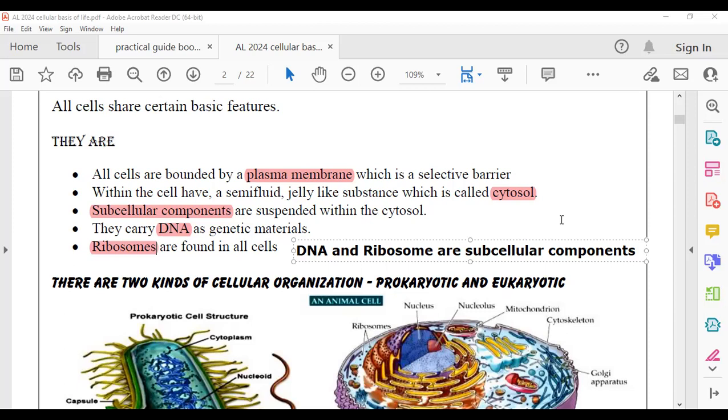Another description given to you, it is what kind of barrier? A selective barrier. Why should we call it selective barrier? It will allow materials to go into the cell and to go out of the cell selectively.